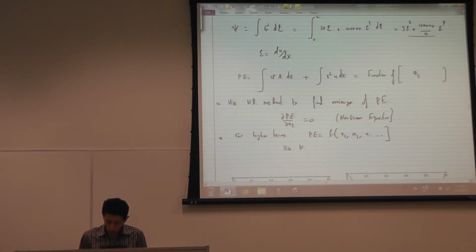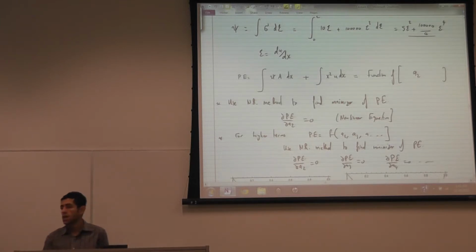Use the Newton-Raphson method to find the minimizer of the potential energy, because now we're going to have a set of equations. Partial potential energy by partial A2 equals 0. Partial potential energy by partial A3 is equal to 0. Partial potential energy by partial A4 equal to 0, and so on.